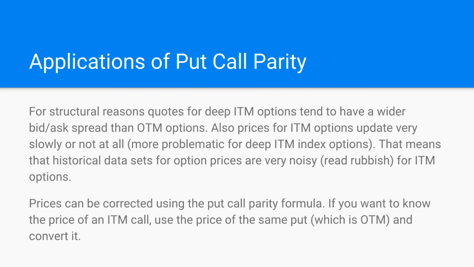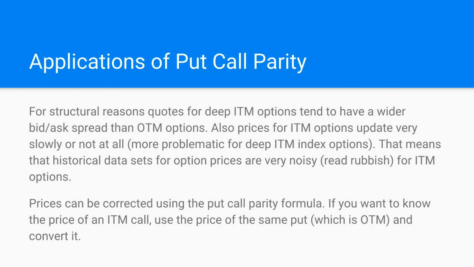Because there is more liquidity, the bid-ask spread is smaller, and the prices are tighter and updated in real time. However, for in-the-money options, those prices might be from two days ago. If you really go deep in the money, you can see quotes that have not been updated in days. Those are just peculiarities of the whole market maker model.